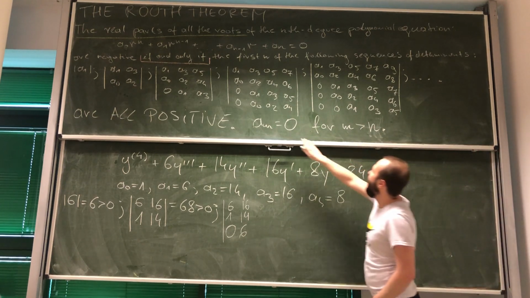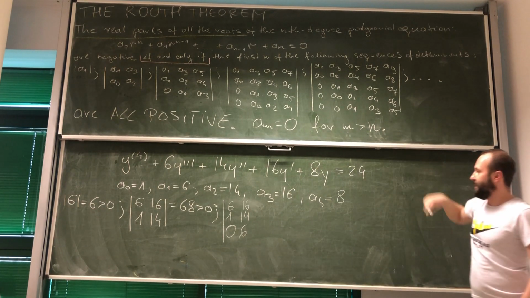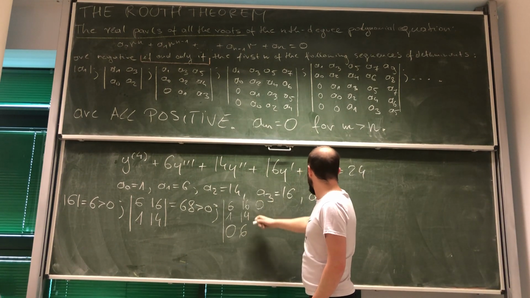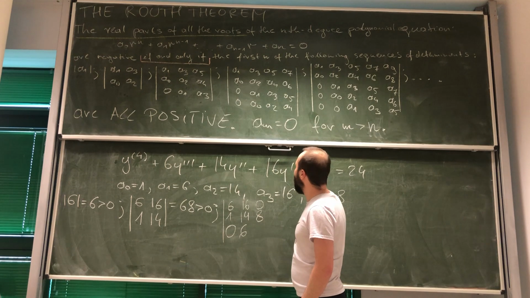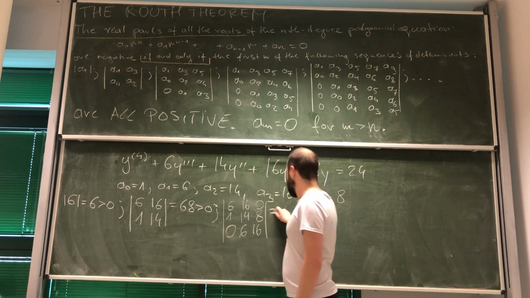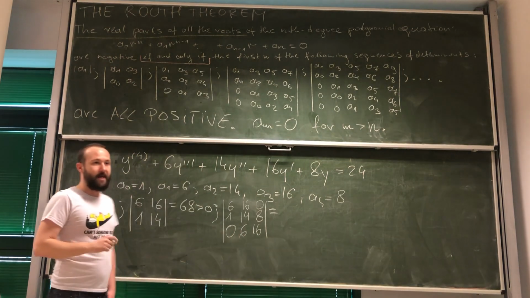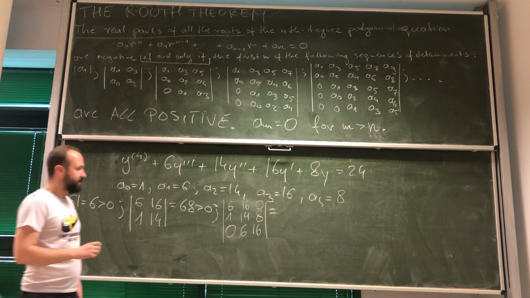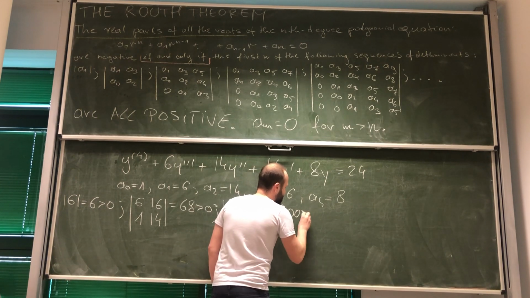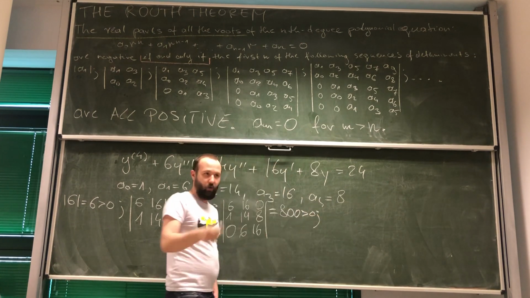When we say Am is equal to 0 for m bigger than n, it's 0. Then we have A4, which is 8, and A3, which is 16. Now, if we calculate this determinant, we will get 800, which is again bigger than 0, what we want.